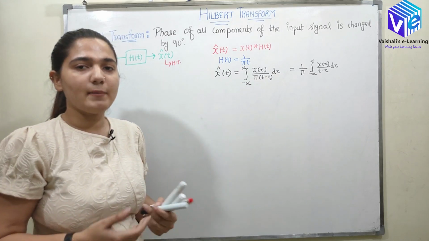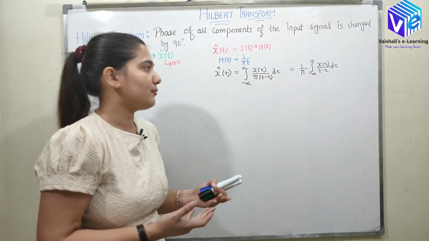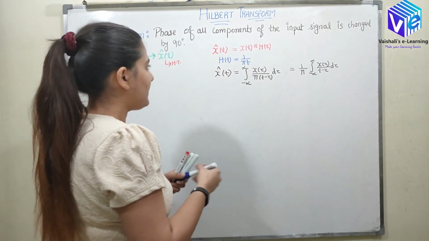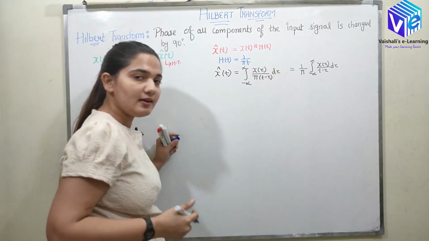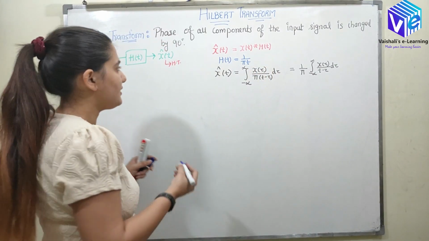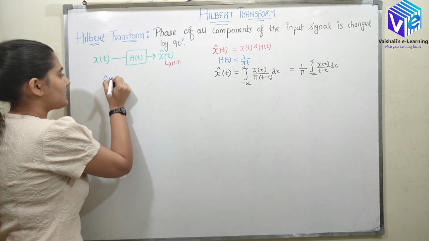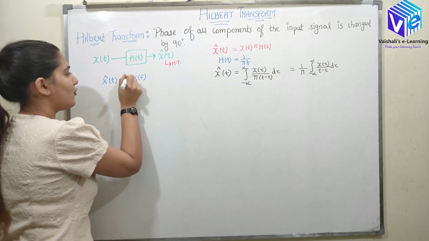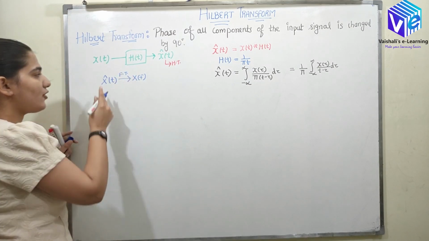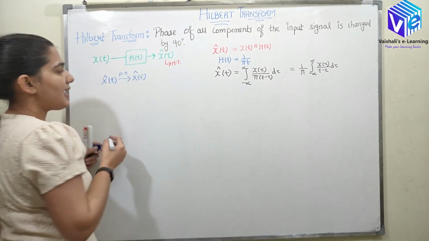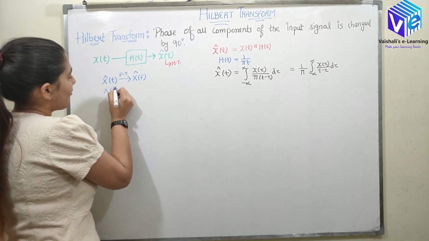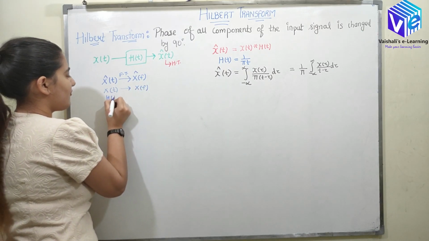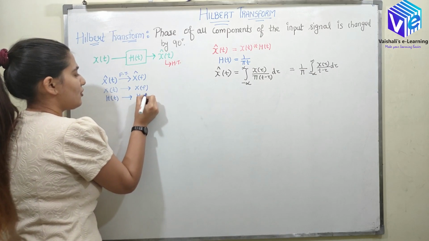So if I talk about the signal in the frequency domain, I know the property of convolution: convolution in the time domain is multiplication in the frequency domain. So let's take the Fourier transform of all the terms: the Fourier transform of x cap t is x cap f, the Fourier transform of x(t) is x(f), and the Fourier transform of h(t) is h of f.